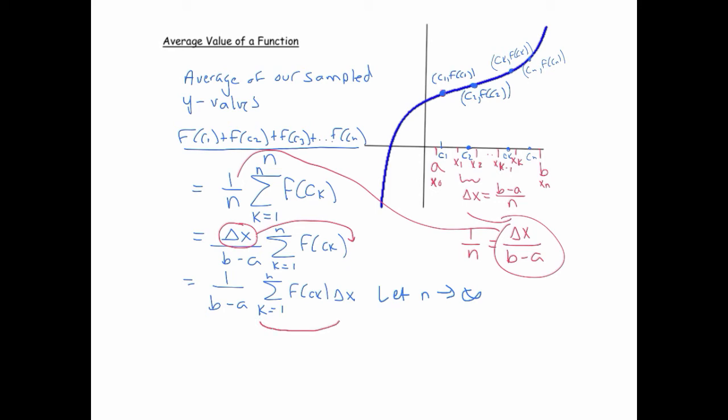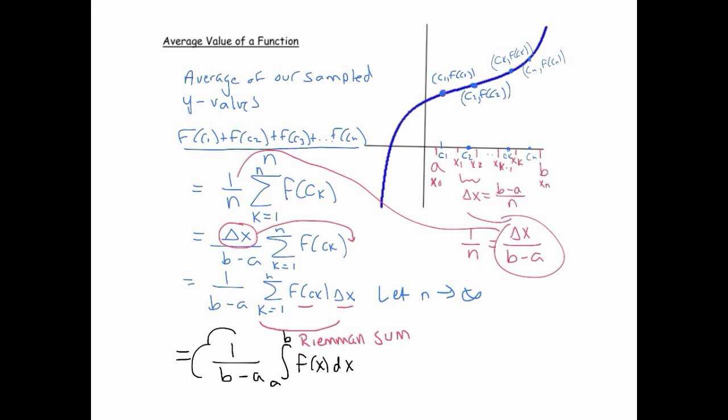It's got everything we need. It's got the sum part, and it's got your small change in x. So this is a Riemann sum, which means that when you let n go to infinity, we get the integral. So this is going to be 1 over b minus a, and that becomes, in the limit, the integral from a to b of f of x dx.